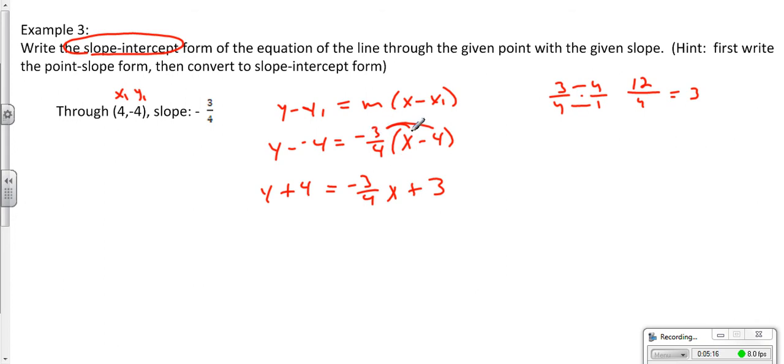We distributed, and now we do not have any parentheses, so one last step. Subtract 4 from both sides, and that would give us an equation solved for y. Now, -4 does not go with the 3/4 x. So we have just 3 minus 4, which is -1.